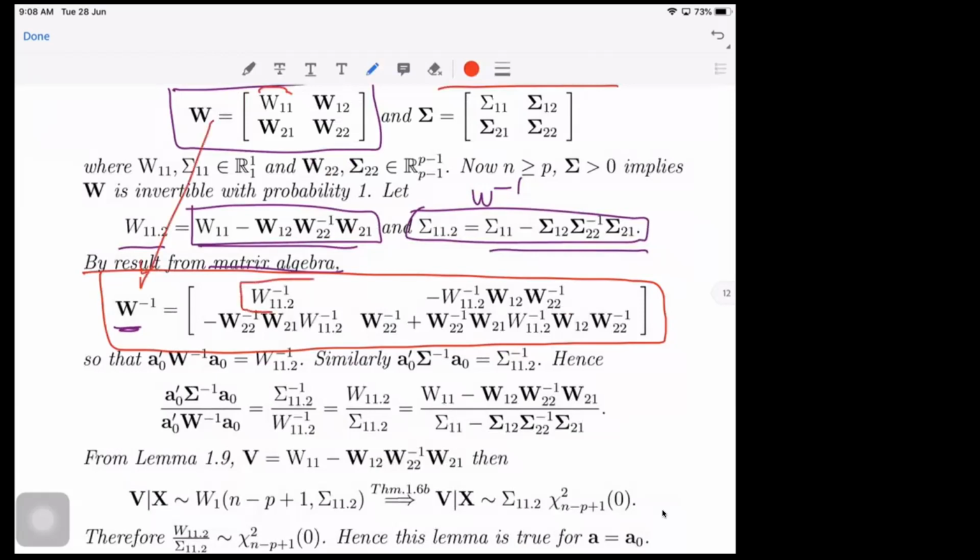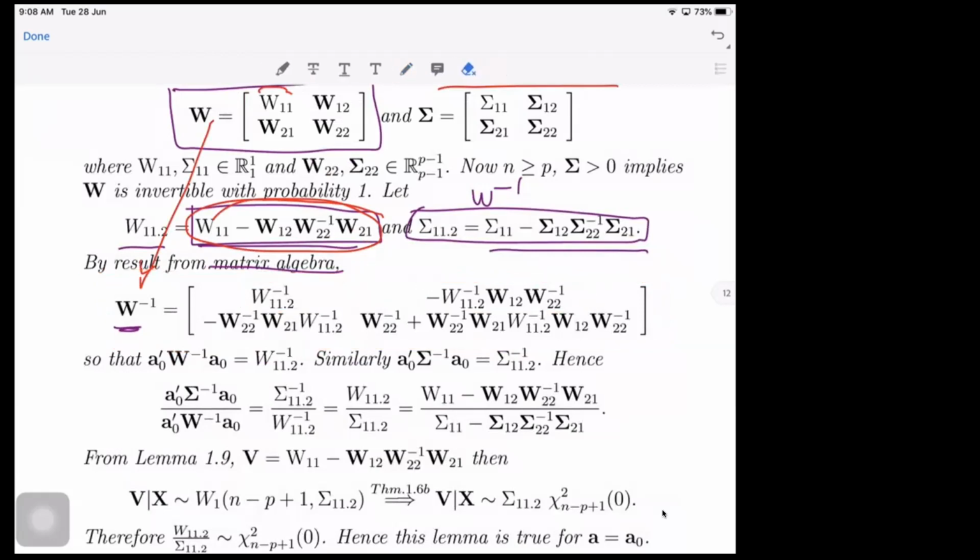We'll have this entry, so the inverse of this there, and then this entry, this, and then this entry, and this entry here.